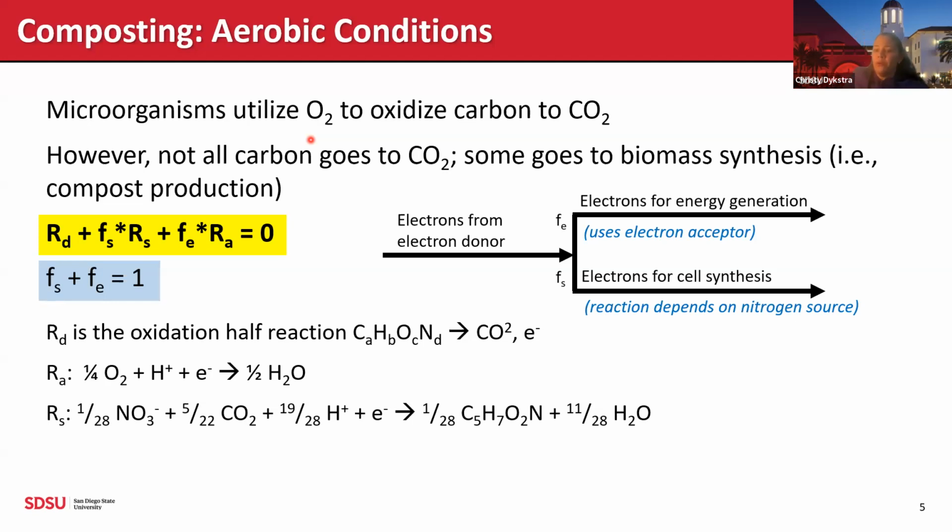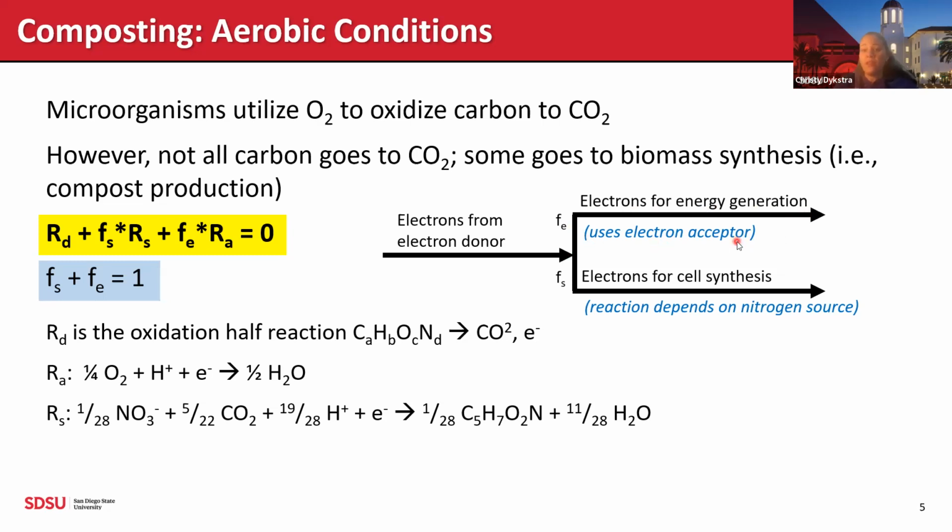electrons. So what we can say is that when we take electrons from our electron donor, let's say one full electron, a part of that electron will be used for energy generation. This is what uses the electron acceptor.